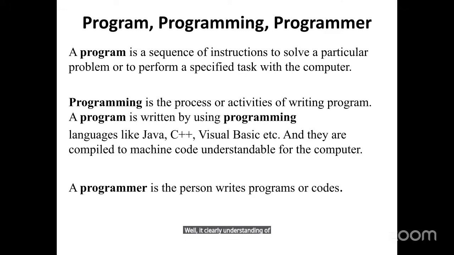Then what is programming? It is the process or activity of writing that program. A program is written by using a programming language like Java, C++, Visual Basic, C Sharp, and all of that. Then a programmer is the person that writes the program or code.